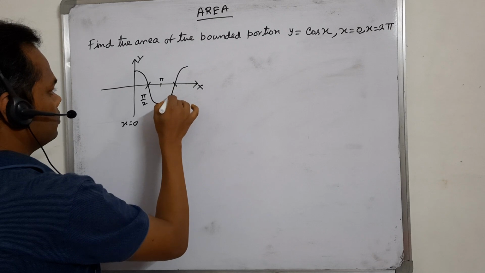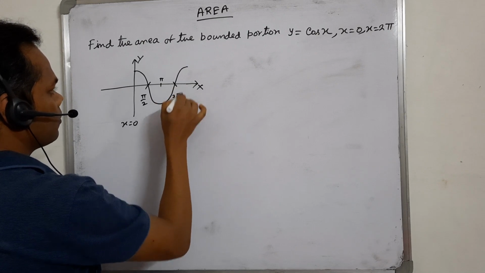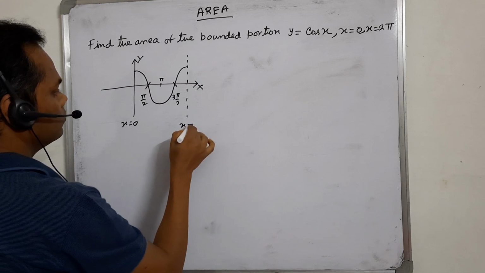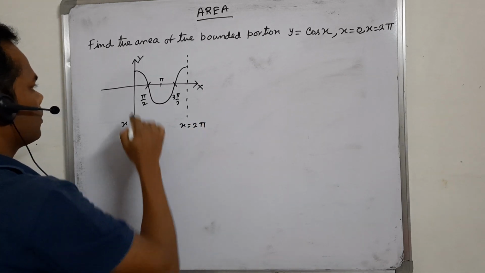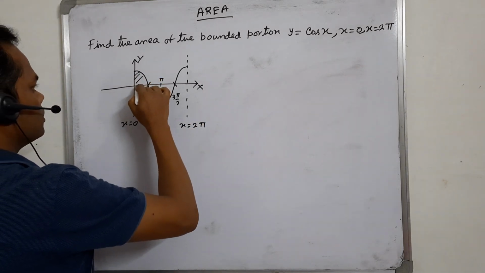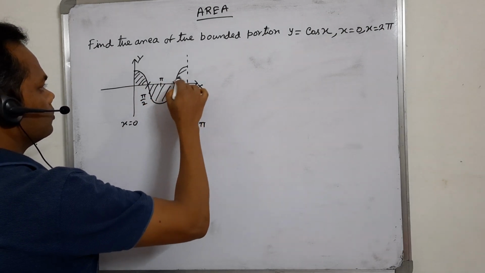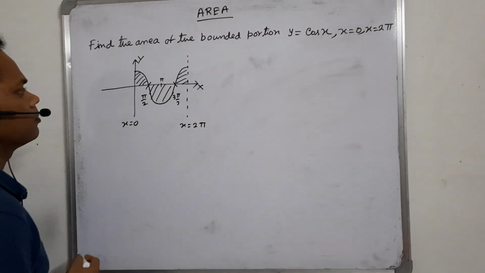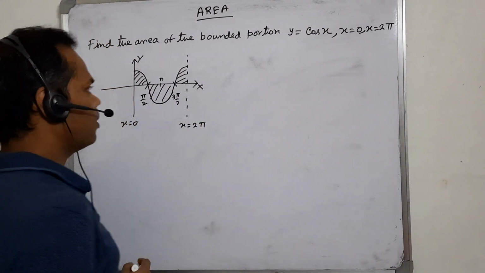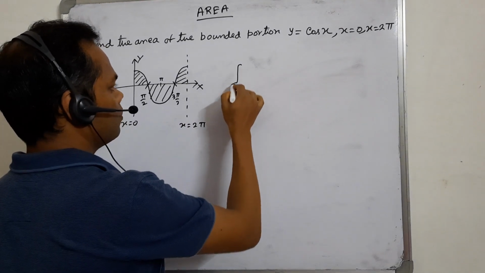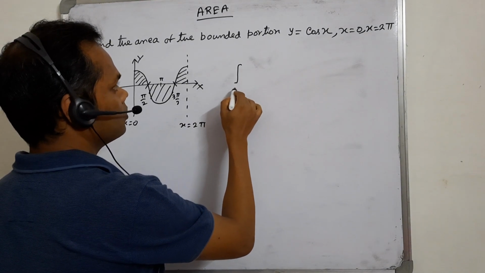This is x = 3 pi by 2. And this line is x = 2 pi. The area of the bounded portion is this shaded region.